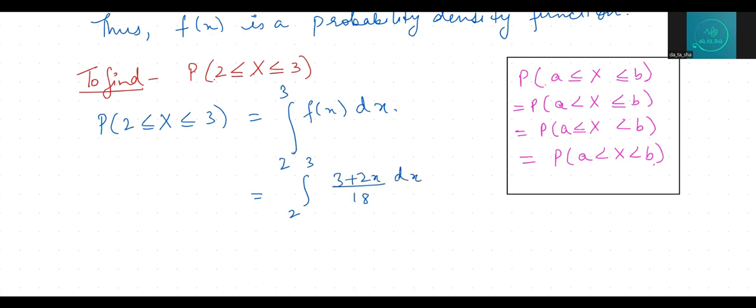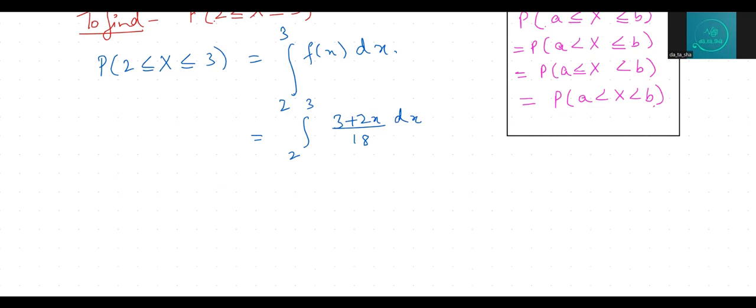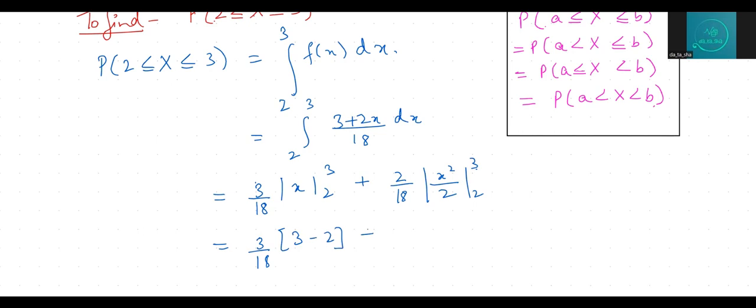And we could similarly find out its answer. So it would be 3 upon 18 x plus 2 upon 18. So finding out the value, this would be 3 upon 18, this is my 9 minus 4.